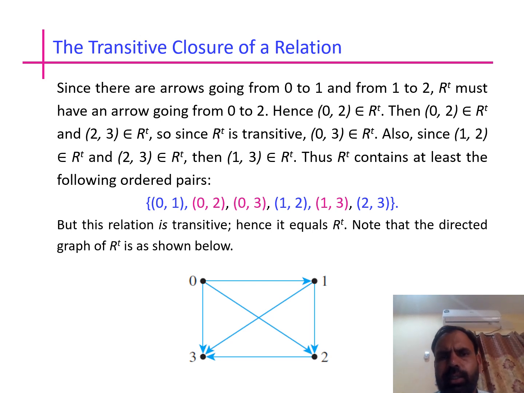So RT contains at least the following ordered pairs: (0, 1), (0, 2), (0, 3), (1, 2), (1, 3), and (2, 3). This relation is transitive, hence it's equal to RT. Here we note that the directed graph of RT is shown as follows: 0 to 1, 0 to 2, 1 to 2, 2 to 3, and 0 to 3.